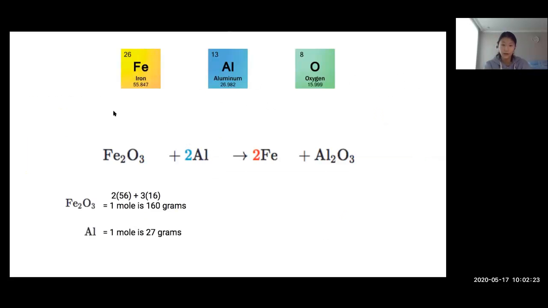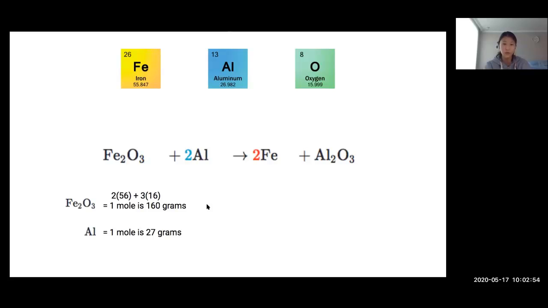We can find the atomic mass of each element on the periodic table. Here we have Fe2O3, with 2 iron atoms. Iron is roughly 56, rounded to the whole number, and we have 2 of those, so we multiply 56 by 2, plus we have 3 oxygen atoms, so we multiply 3 by roughly 16, and that gives us 160 atomic mass units.